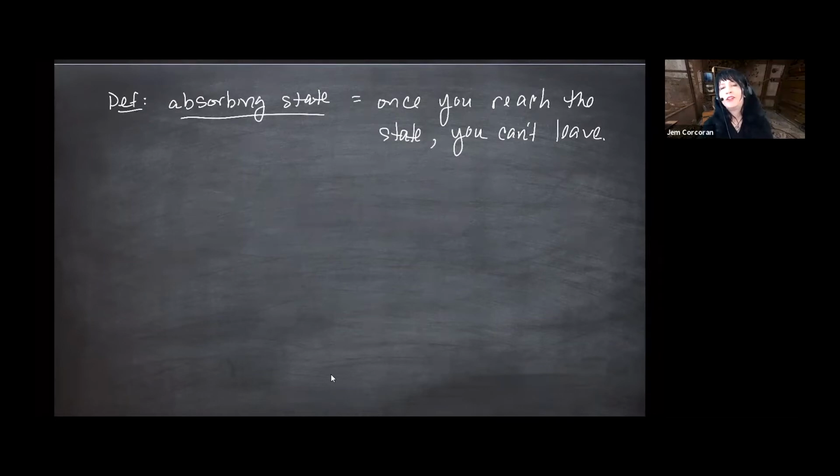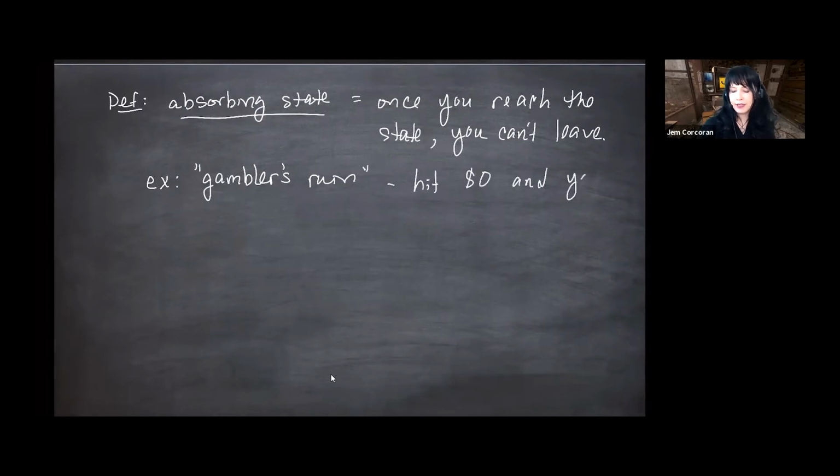But in theory, 0 should be an absorbing state because once you have 0 money, you can't play the game anymore. So that's a naturally occurring absorbing state. So just get that down here. That's the idea of a gambler's ruin. So you hit $0 and you are stuck, in theory.